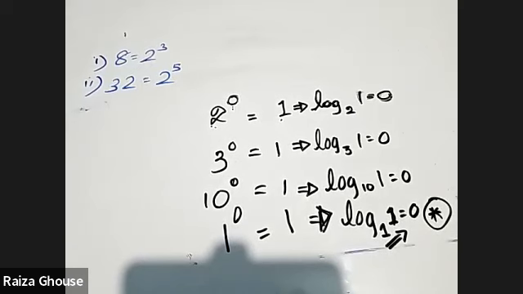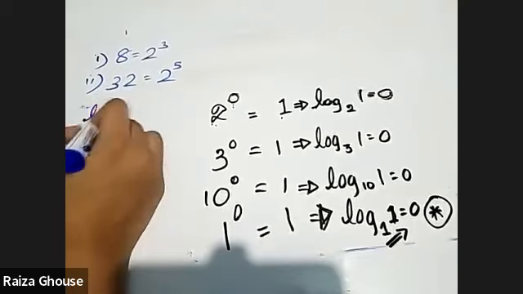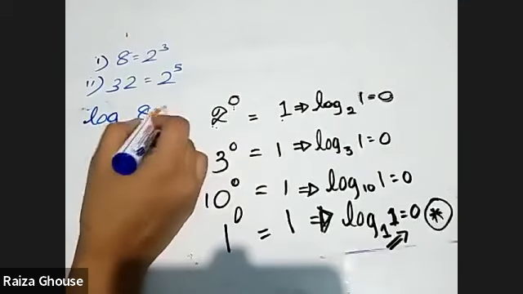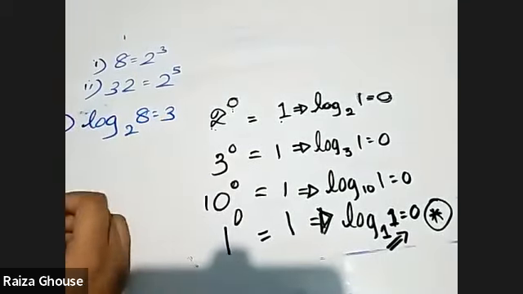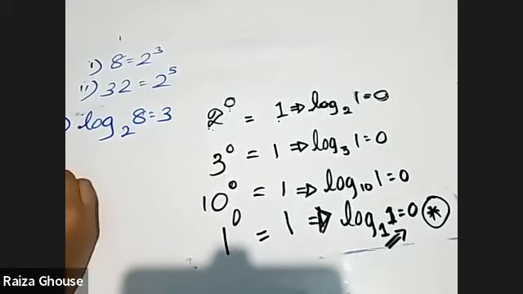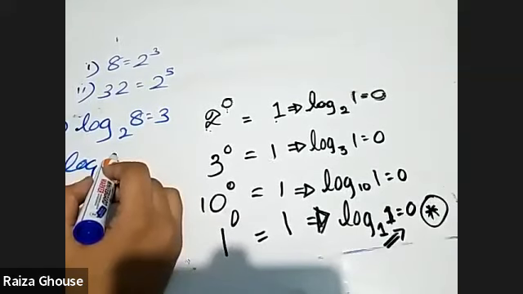What is it? Log base 2, 8 equals 3. What is the base? Log base 2, 8 equals 3. What is the second one, Rukaiya? Log base 2, 32 equals 5.